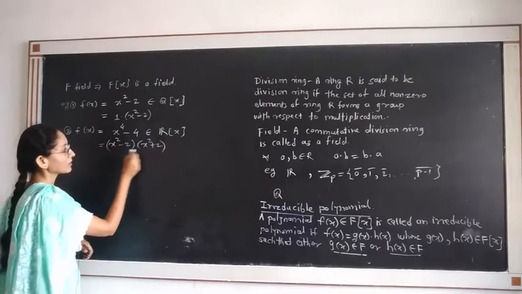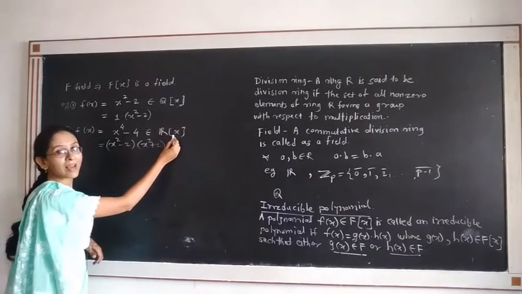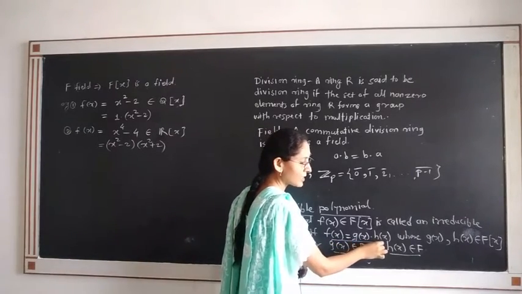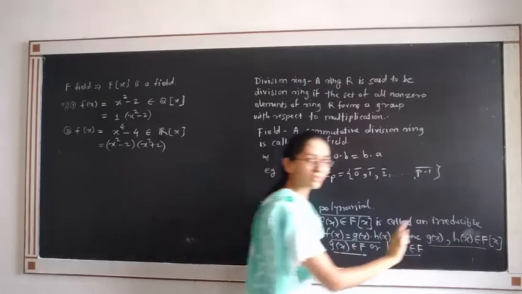Now see, both the factors are from the same field R[x]. This condition is satisfied: f(x) is equal to g(x) into h(x), where g(x) and h(x) belong to the field F[x].